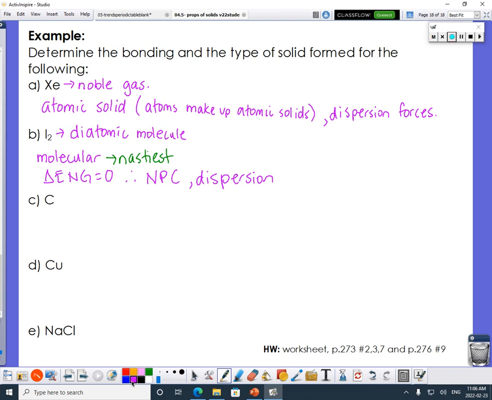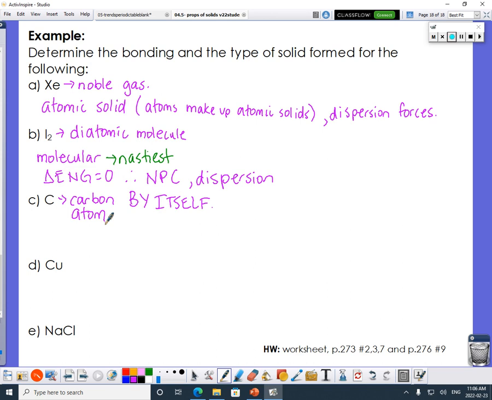So this is carbon. So when you have carbon by itself, like there's no H, it's not methane, it's just carbon. So the carbon atom, what kind of solid will this form?